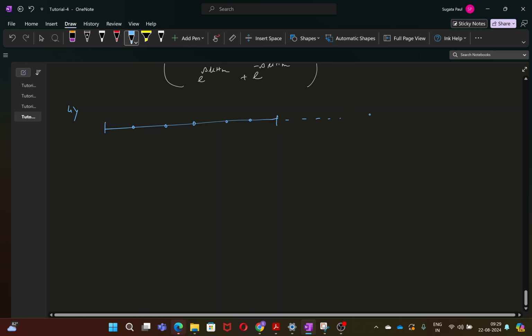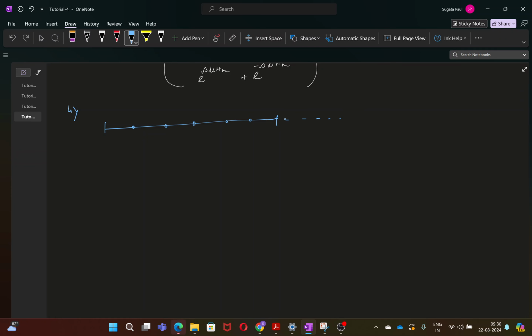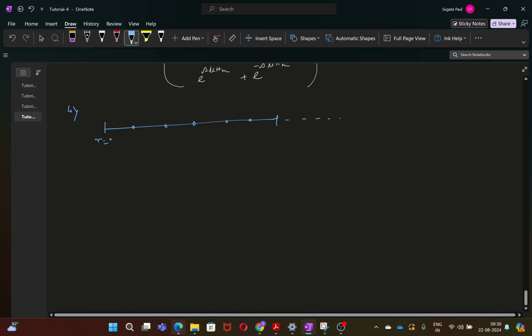Maybe it can go far, but for the sake of understanding, we say that this is starting from r equal to 0 to r equal to N. So there are a total of N spins present. So this is like a one-dimensional chain of spins, and your total number of spins is capital N.